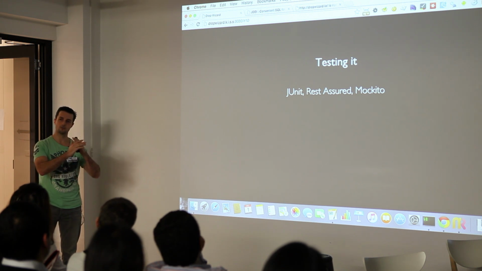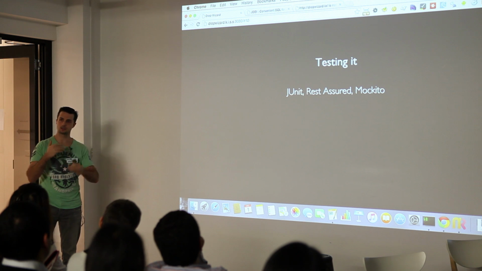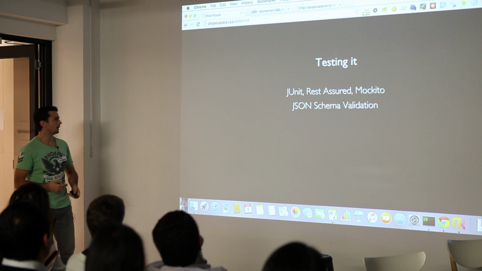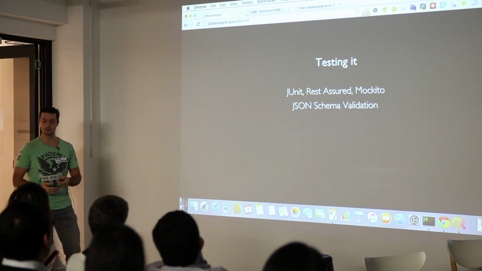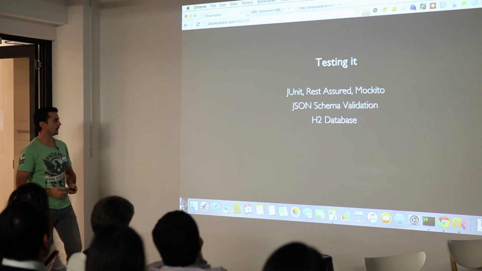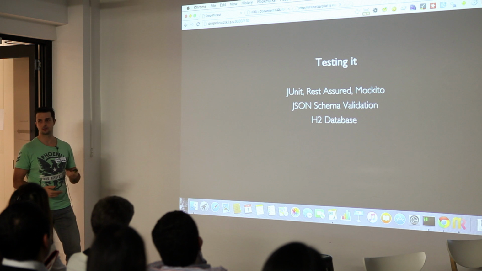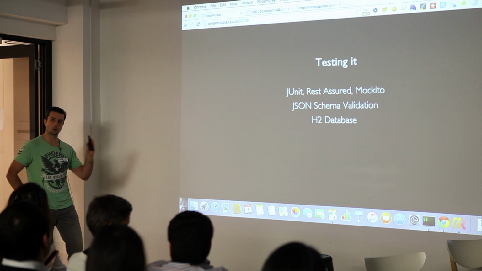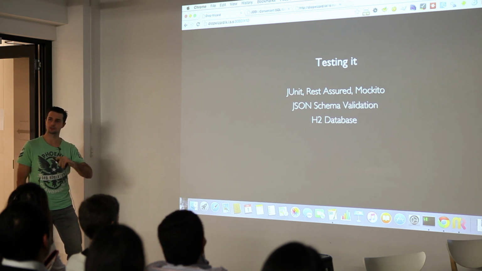So it hits stuff over the wire on your server and validates things like JSON and status codes and stuff like that. We also did some JSON schema validation. That worked pretty well. And we ran the tests using an H2 database. So we tested all our migrations and the API and all the API end tests with those migrations in the database.